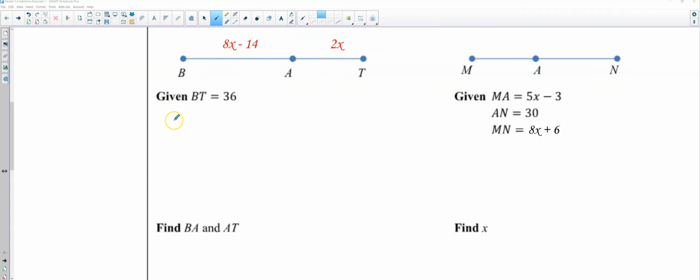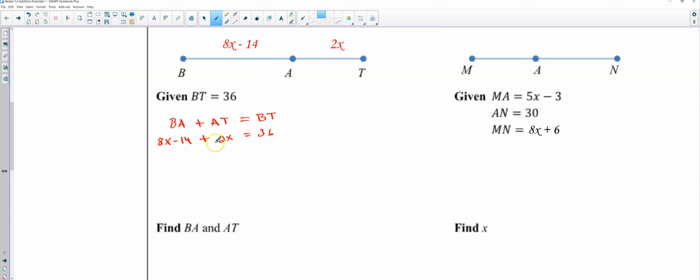So by the segment addition postulate, BA plus AT, the distance from B to A plus the distance from A to T, must equal BT. Now I can substitute. BA is given up here, that is 8x minus 14, plus AT is 2x, equals BT, which is 36.